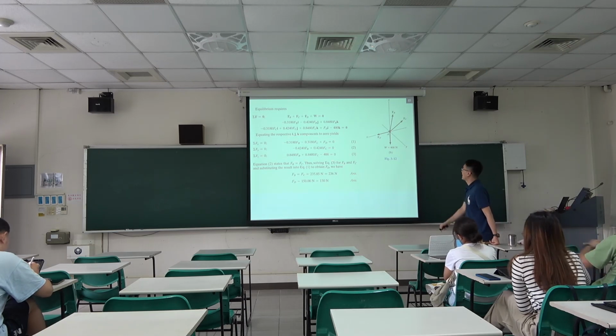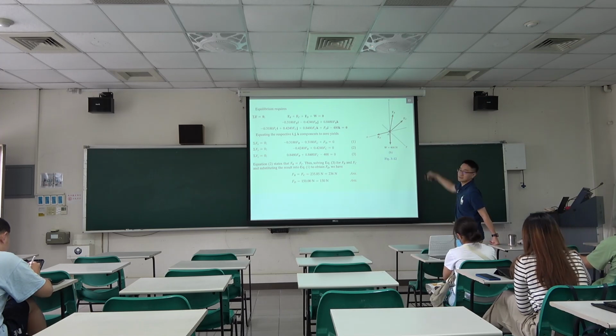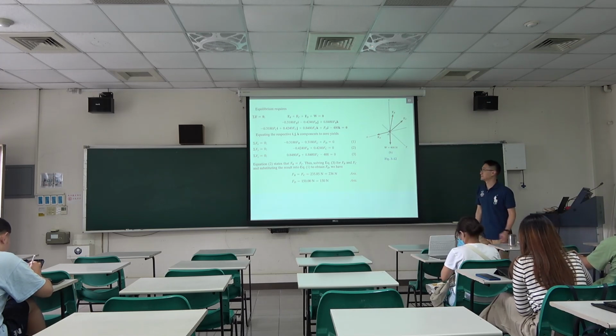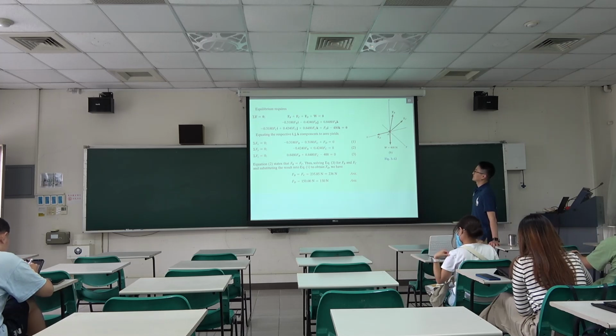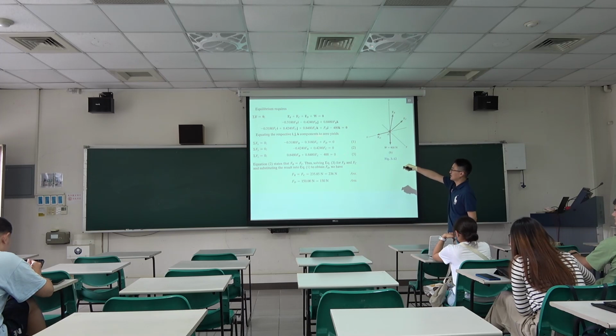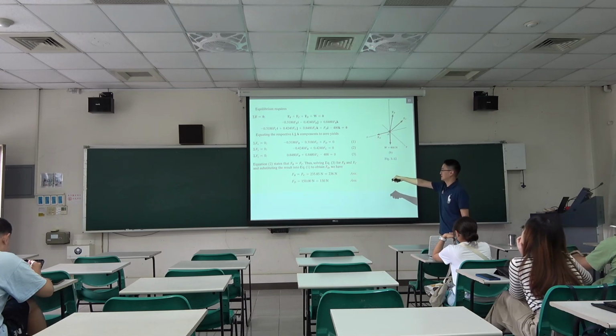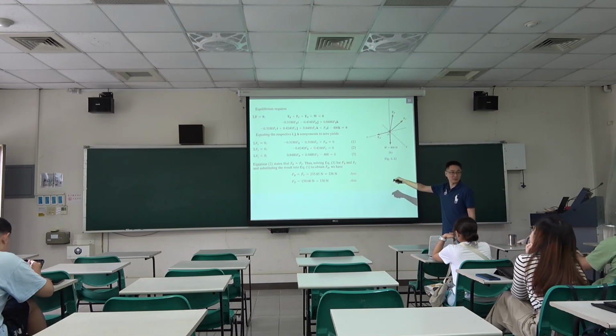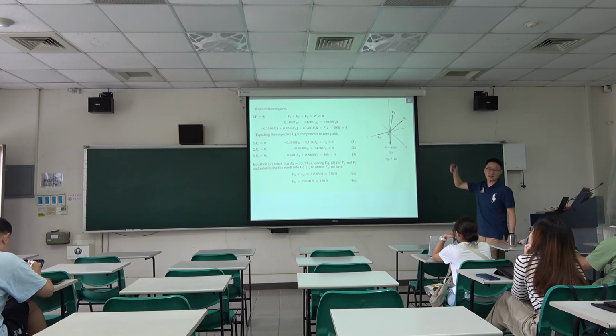So we have 3 equilibrium equations with 3 unknowns, which means we can work out the value for each. So that's the general concept.